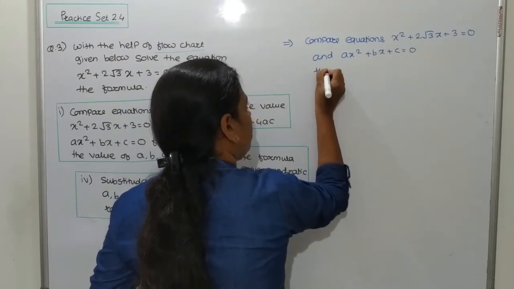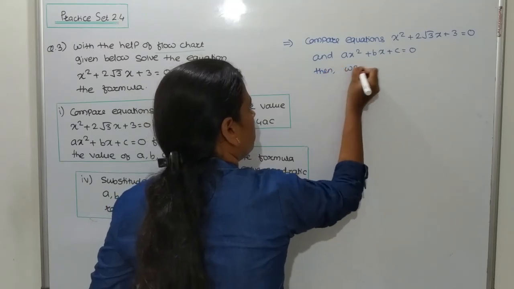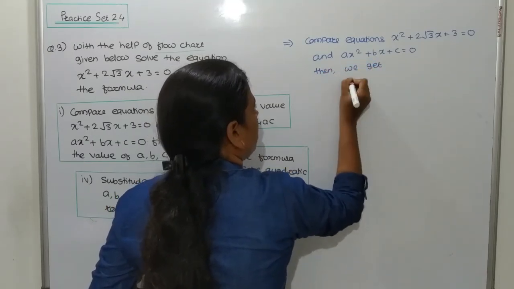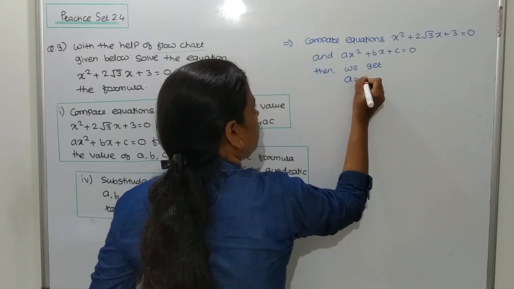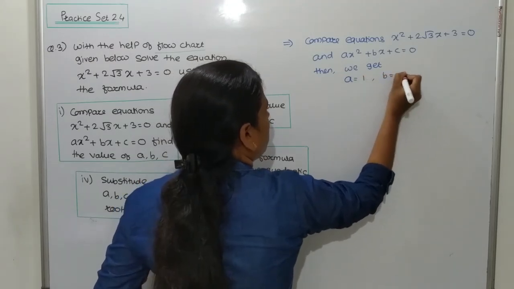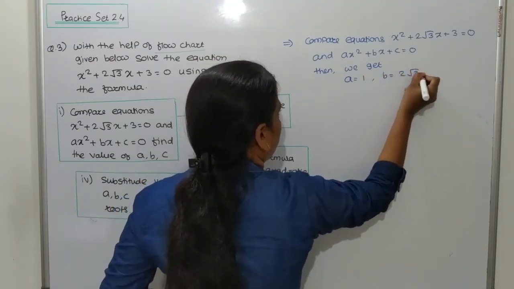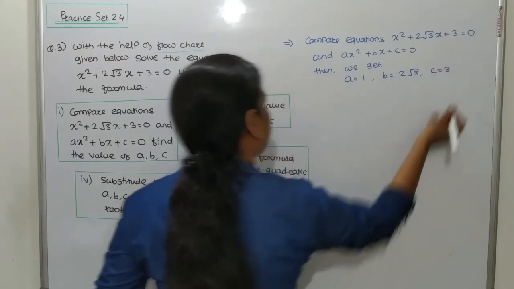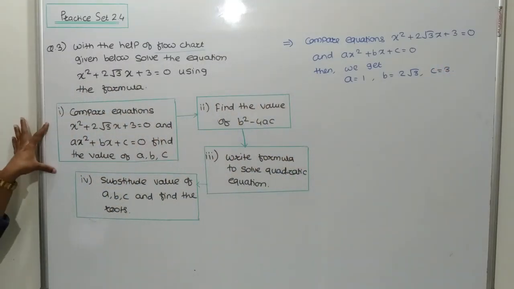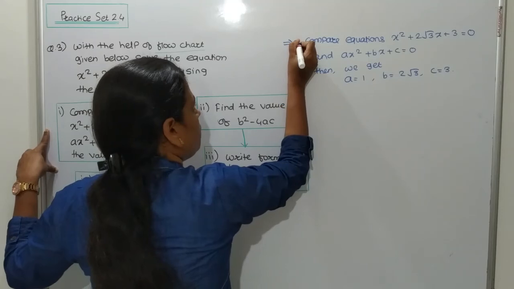Then what do we get? We get a is equal to 1, b is equal to 2 root 3 and c is equal to 3. That means your first step is completed. This one is your first.